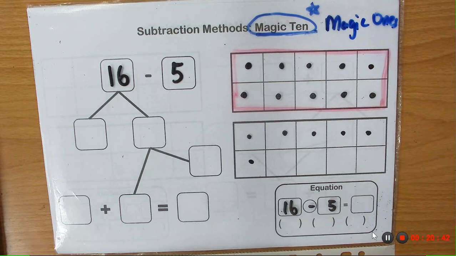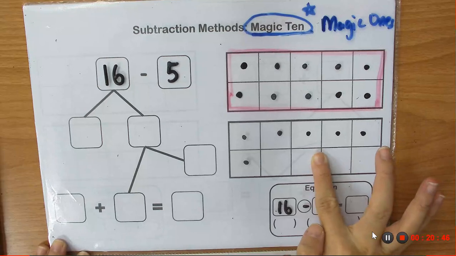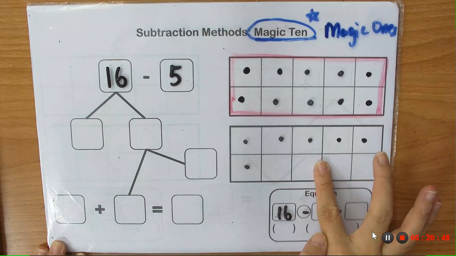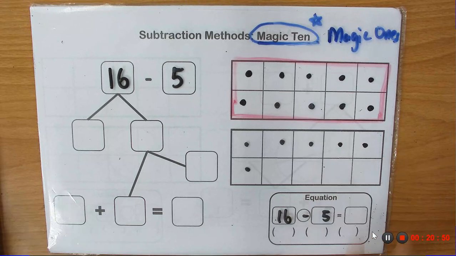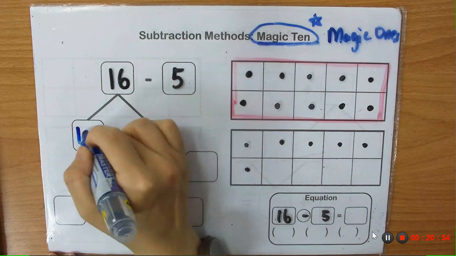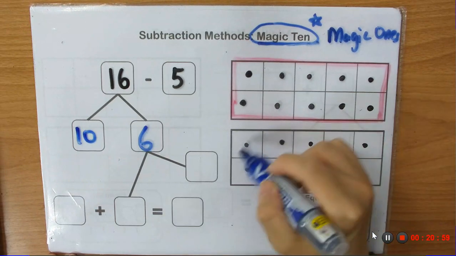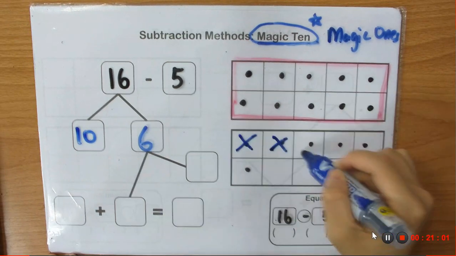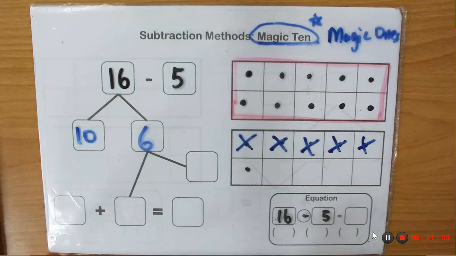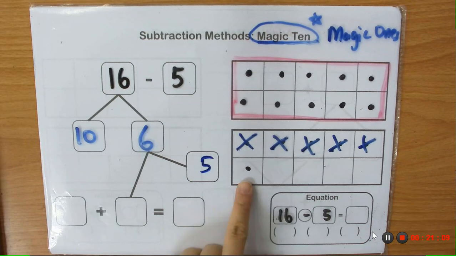Very good, I hear you. We can just take away from the 6. So, from 10 and 6, I can minus 5 from 6. And I'm left with how many ones? 1 one here.